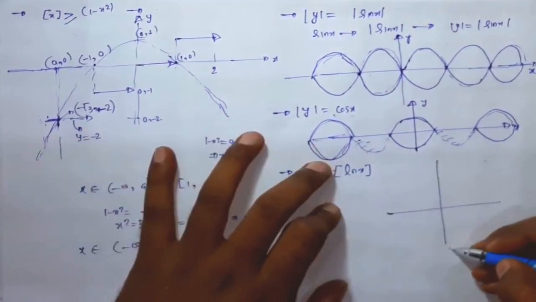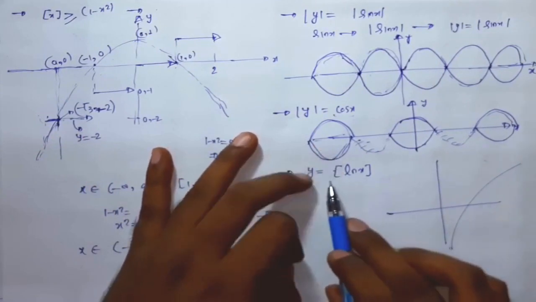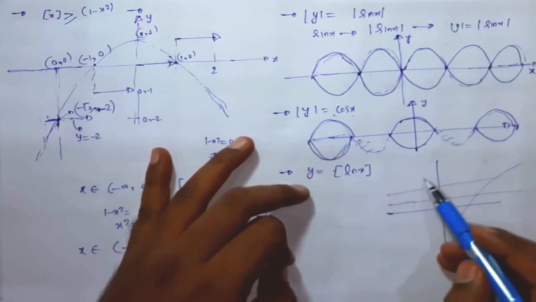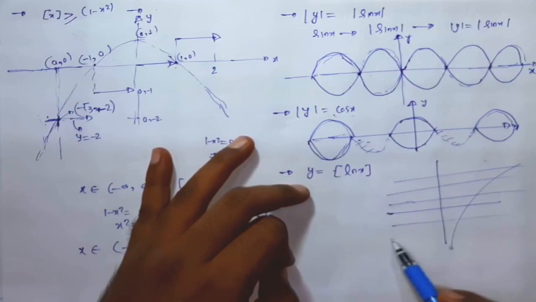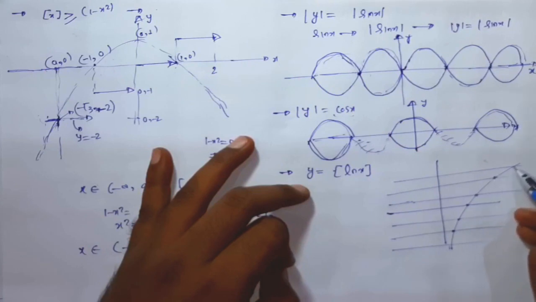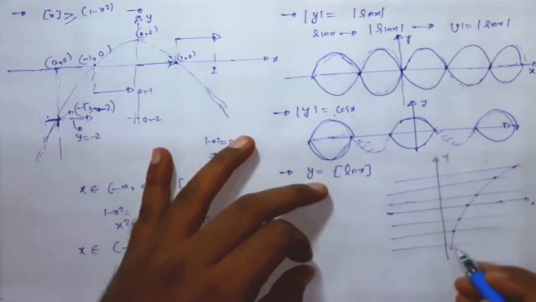Now we will simply put integers on the y-axis like this, at each and every intersection, because the whole function is increasing, so we will put the arrows headed in the positive x direction. This is the x-axis, this is the y-axis.